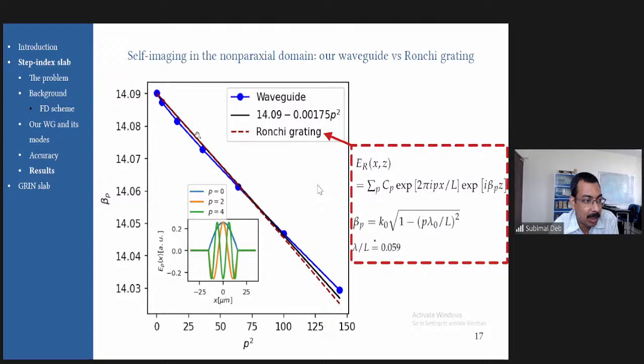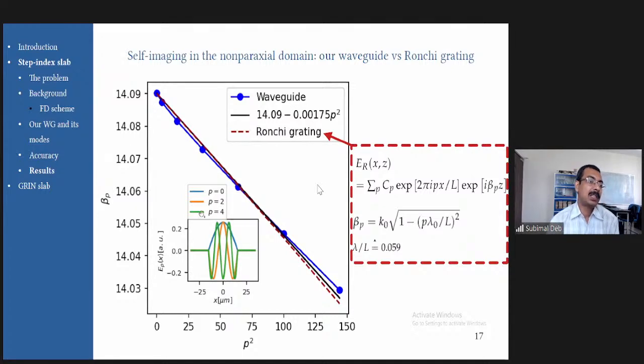which we have plotted for the beta p's of the Ronchi grating, bends downwards, and the beta p's for the waveguide, they are discrete points, they bend upwards. This black line I have put for a visual aid, which is a straight line, in this plot of beta p versus p squared.